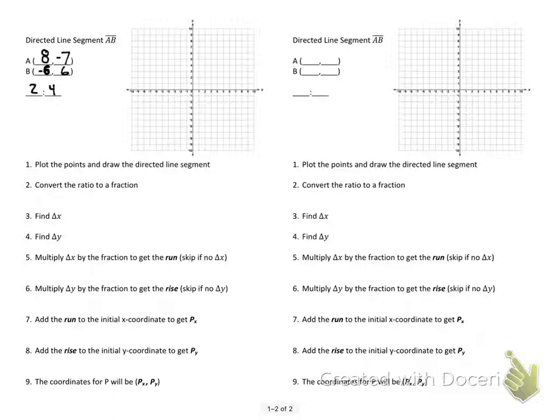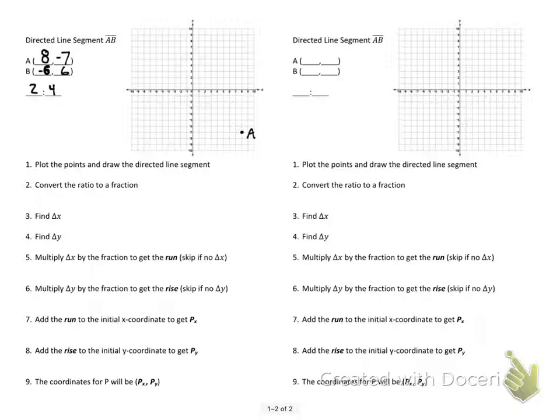So 8, -7 will put me right here. That's A. And -6. Sorry, I'm backwards there. 8, -7. All right. Is right there.